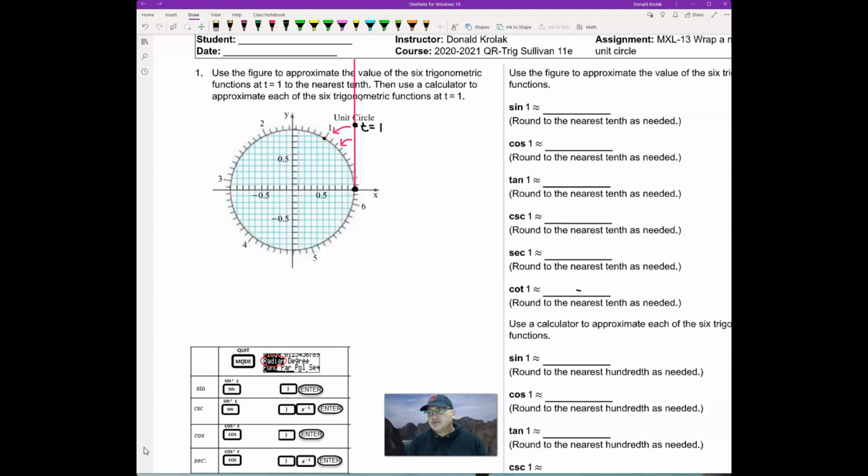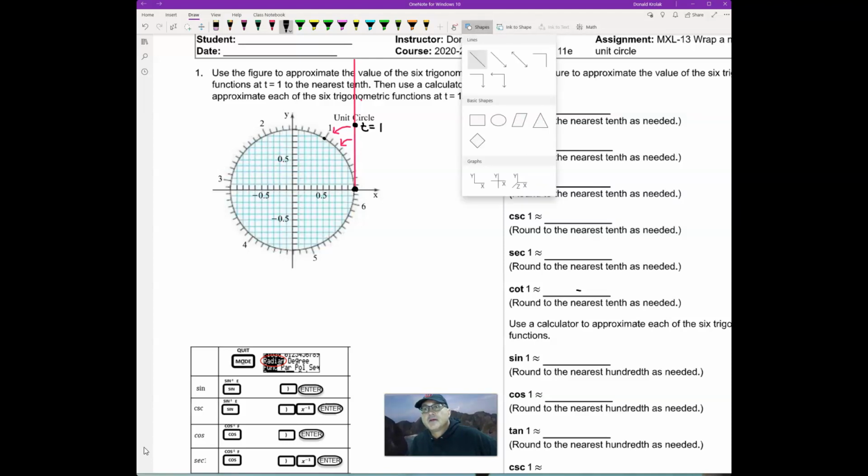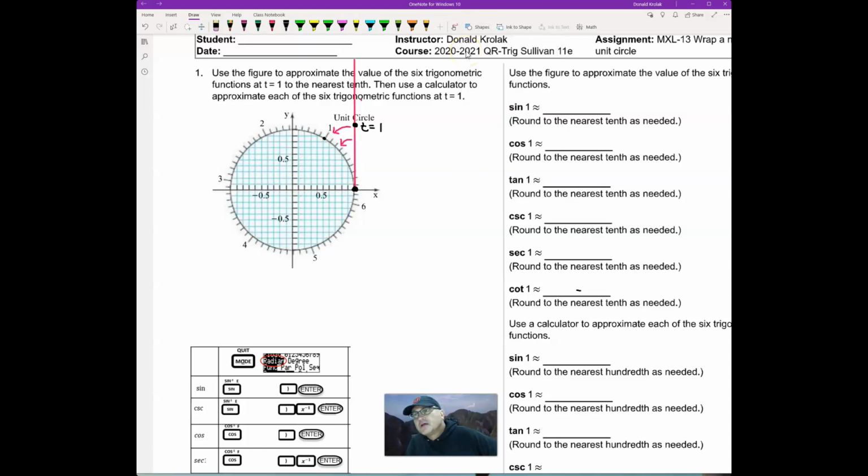So if I draw lines to the x and y axis, that's going to give me my points here. My first line is from 1 over to the x-axis.